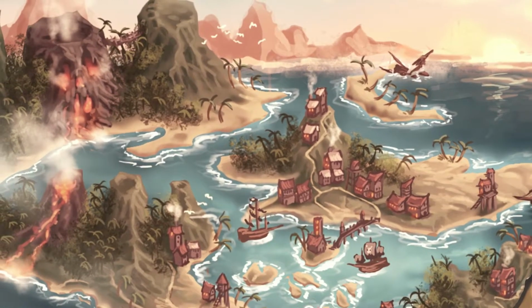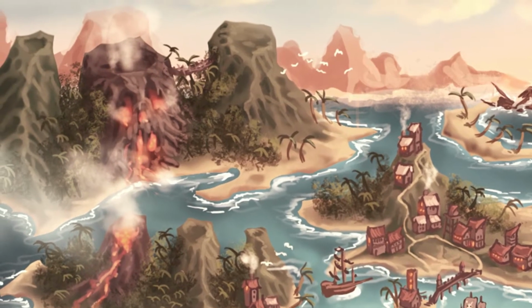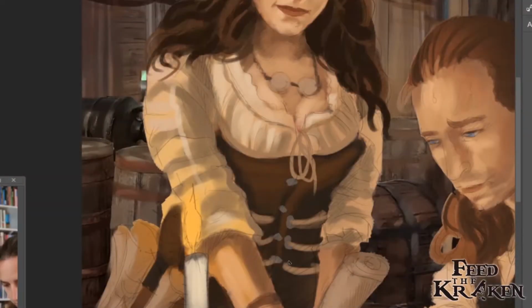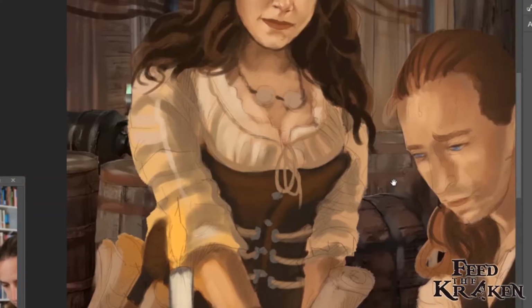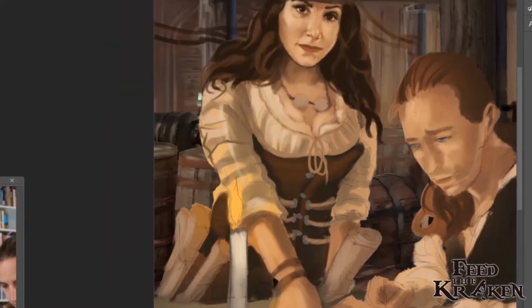You can kind of get a glimpse of this skullish cave where lava comes out of the mouth and stuff. So, yeah, I would say my childhood memory of Monkey Island did play a role here.